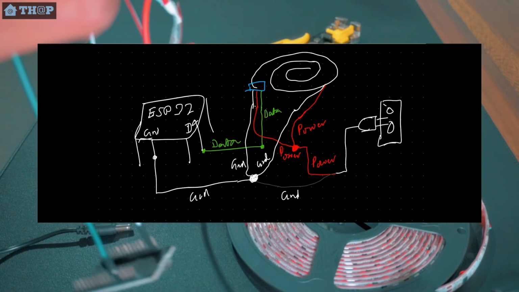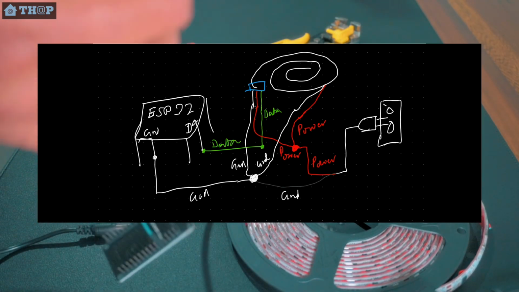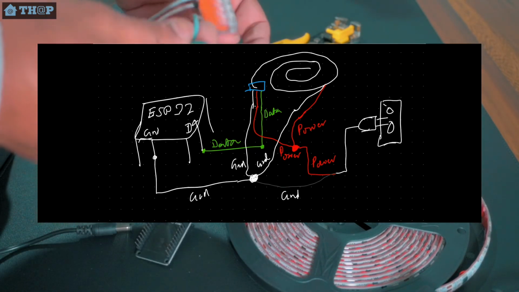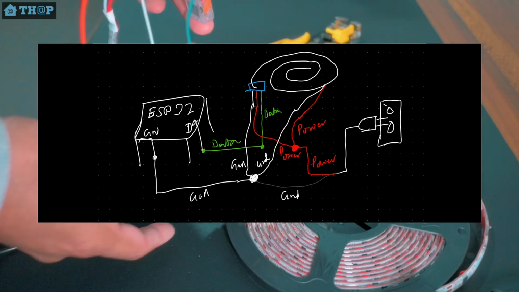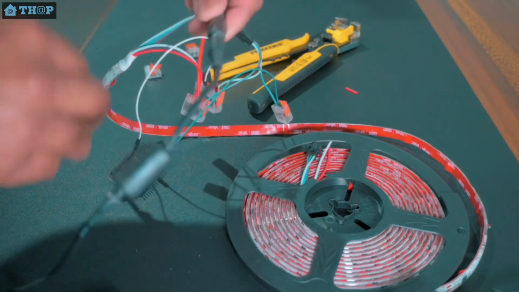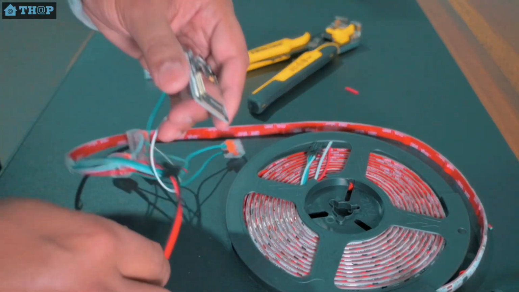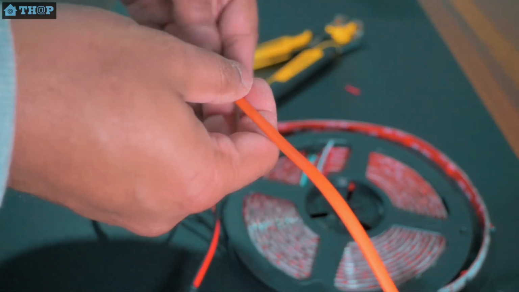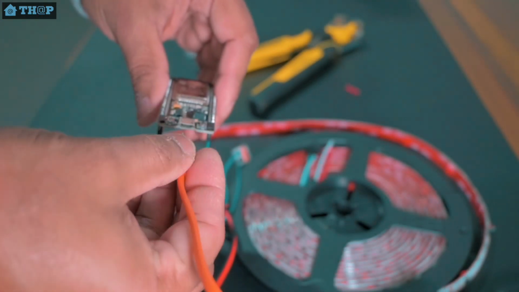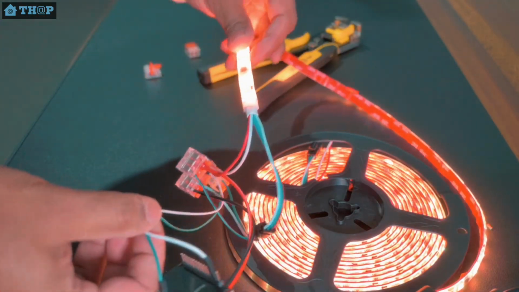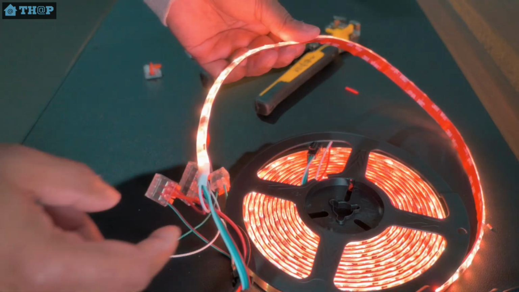I didn't think I would need to connect this power, but it turns out that I need to connect all the 3 power together, which is fine. Now I will connect the power to this, and the last thing is I'm going to connect the power to the ESP32 board. Let's do it, and voila, you can see the LEDs have been powered.